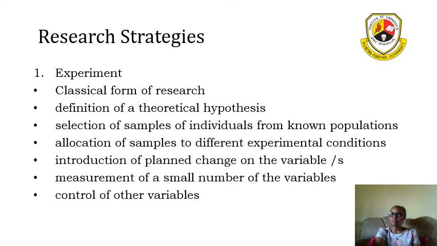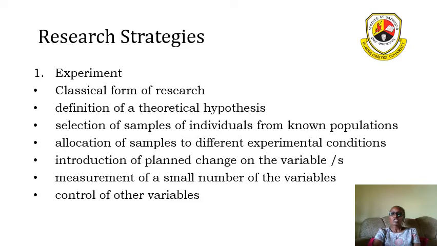We start with experiment or experimental research. Now, we already have seen this in one article. If all of you remember the multitasking article we looked at, they were using experimental laboratory research.